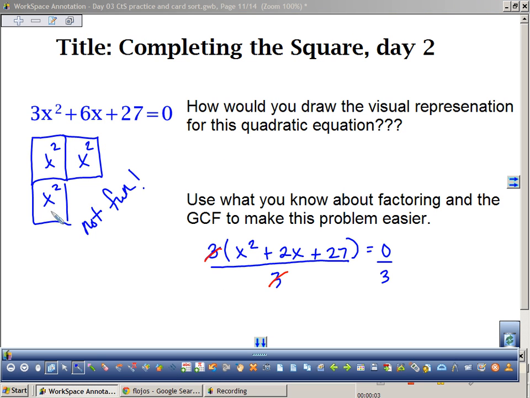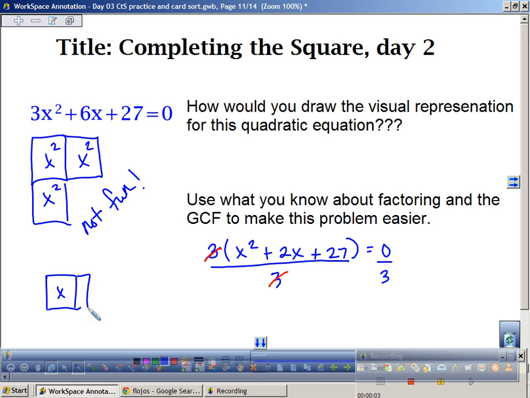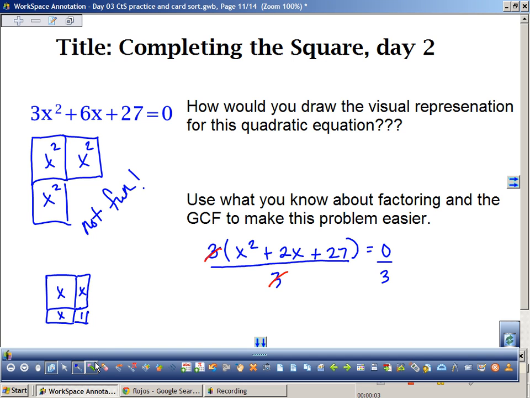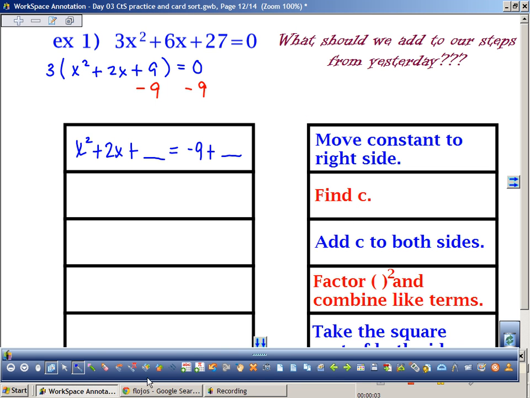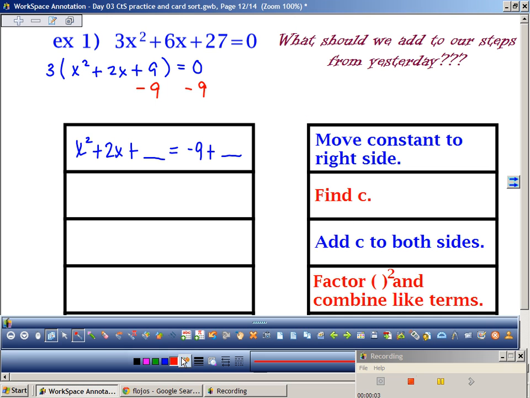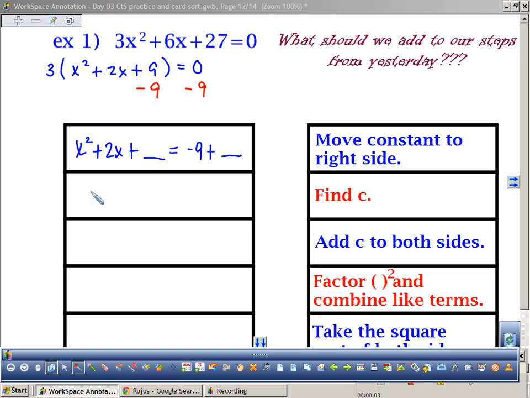Like over here, when we decided we were going to factor out a 3, we're left with an x squared, 2 x's, we split the 2 x's, and then we actually complete the square by adding 1. Okay. How do we find c? We just said it, but let's formalize it.